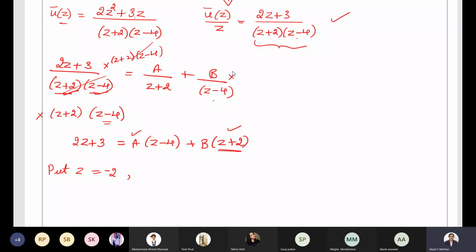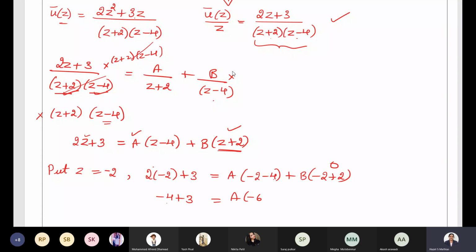When I put z equal to minus 2, here what happens? 2 into minus 2 plus 3 is equal to a into minus 2 minus 4 plus b into, this will become 0, minus 2 plus 2, this will become 0. So here we have 2 into minus 2 is minus 4 plus 3, that is equal to a into minus 2 minus 4 is minus 6. What is minus 4 plus 3? It is minus 1.